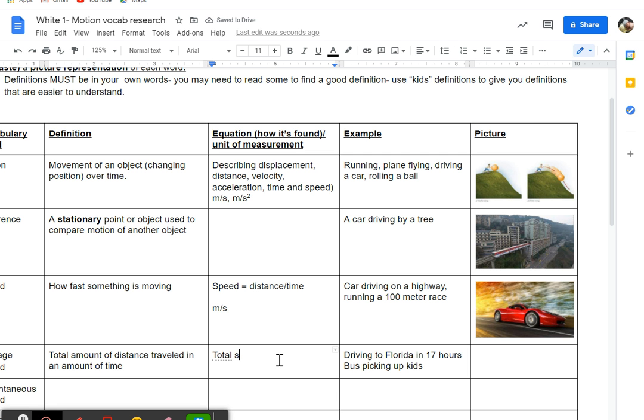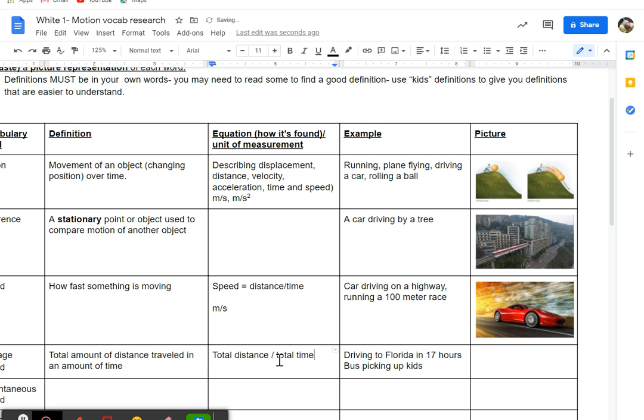Wait, total speed divided by total time? No, that would be acceleration, because you have the speed over the time. Ryan, what'd you get? I did average speed equals total distance over total time. Total distance divided by total time.